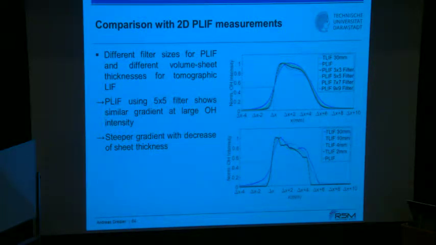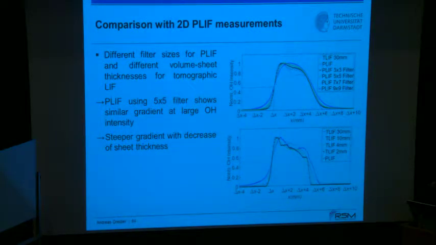Now, to get an idea about the corresponding resolution, the spatial resolution of the 2D PLIF has been reduced by applying linear filters with different mask sizes spanning from 3x3 to 9x9 millimeters.